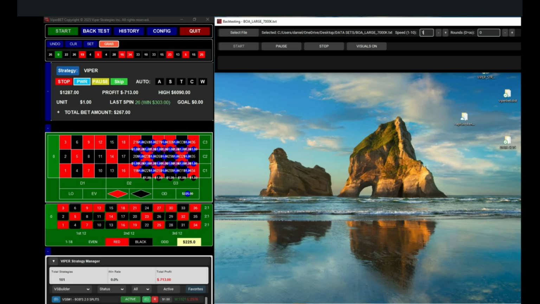So one of you guys emailed me and said, why have such a long progression? Because once you get past a certain level, you kind of get into that zone of diminishing returns, meaning because it has a long progression, once you get past a certain level, it doesn't have that punching power to get you back into session profit.